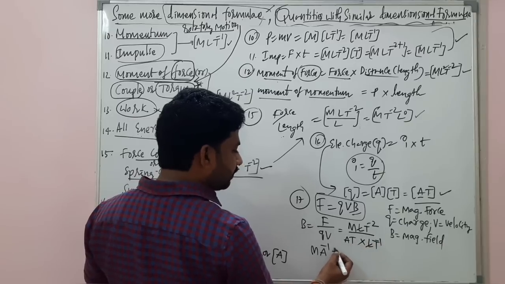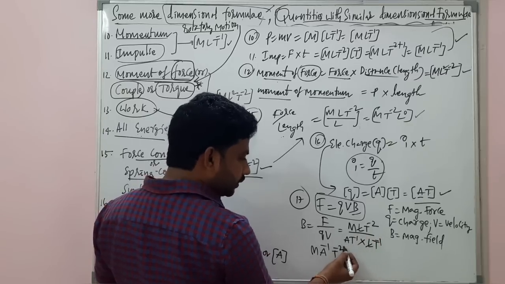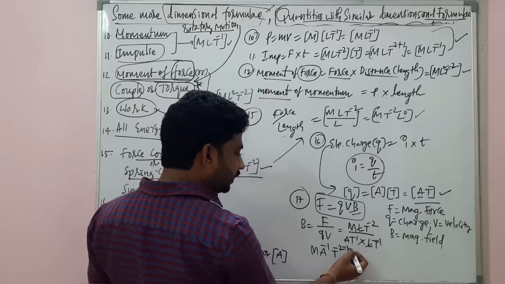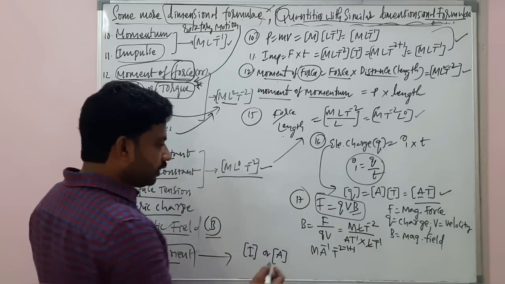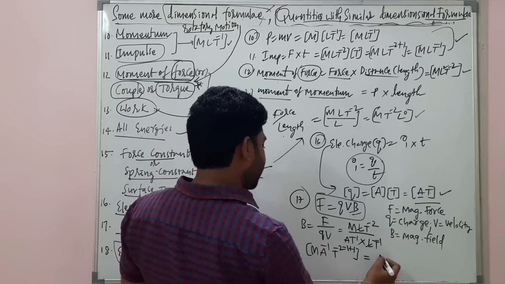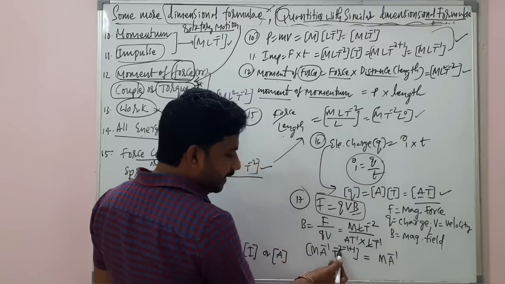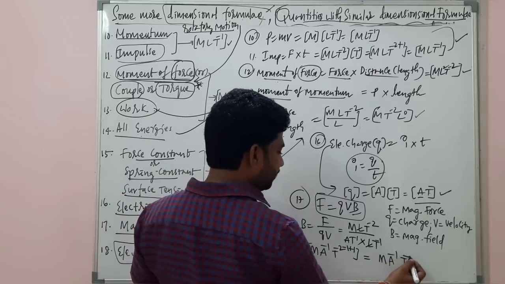And here T minus 2, and this is T power 1. It comes to the numerator, it will be minus 1, and this T minus 1, when it comes to the numerator, it will be plus 1. So here you can write the dimensions: M A minus 1, and here T minus 2 minus 1 plus 1. Minus 1 plus 1 cancel, and it will be T minus 2.